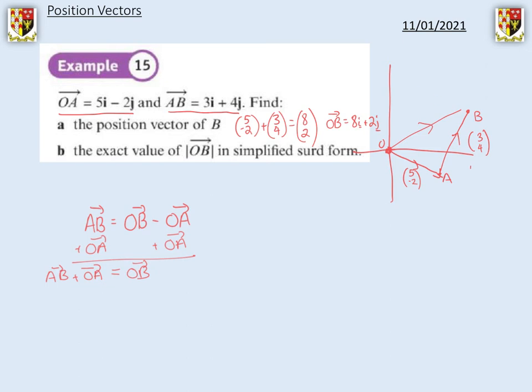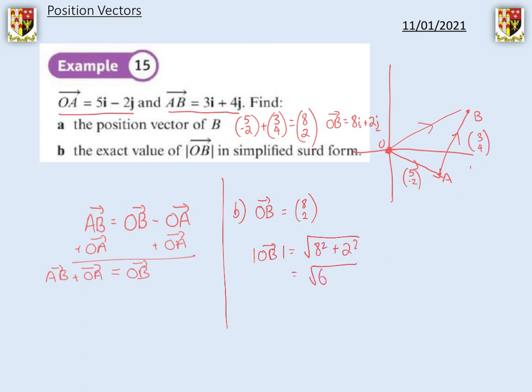The next part is find the exact value of the magnitude of O to B in simplified surd form. So once we've got that, let's just do part b just here. O to B is equal to, let's write it as a column vector this time, (8, 2). So if I want the magnitude of that, then using Pythagoras' theorem, it's just going to be the square root of 8 squared plus 2 squared.